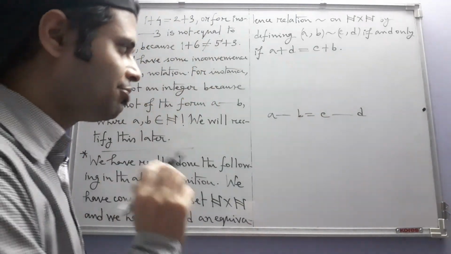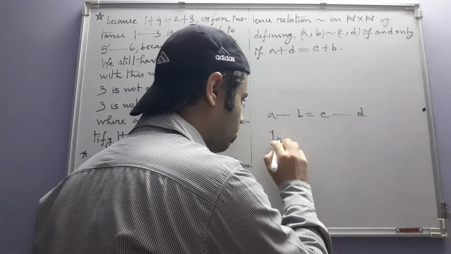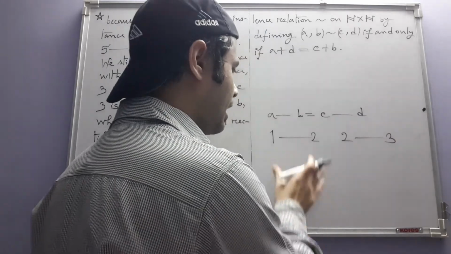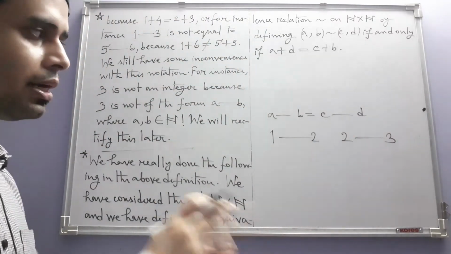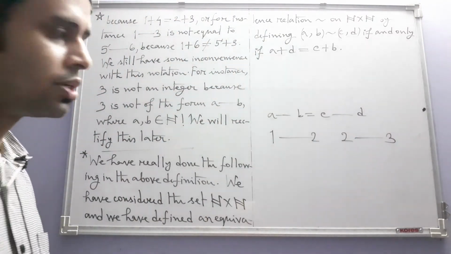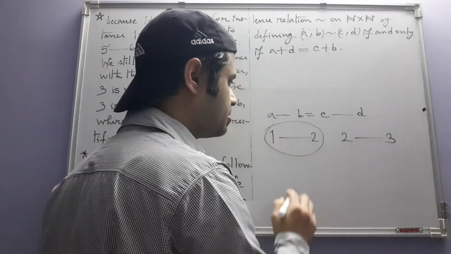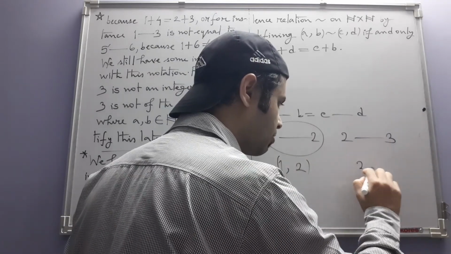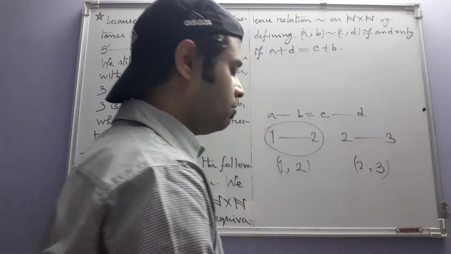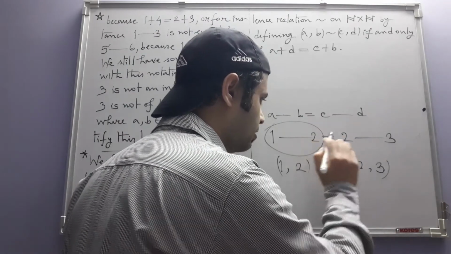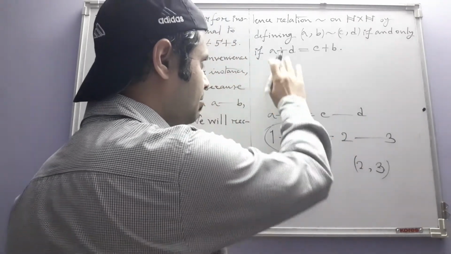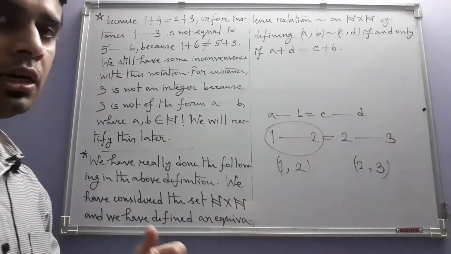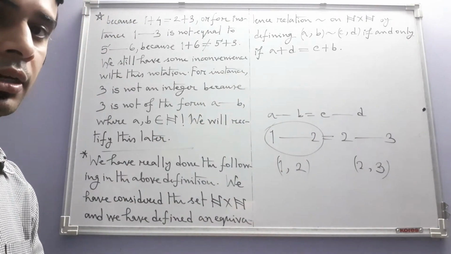You see, actually if you think of it, 1-2 and 2-3, are they really equal without saying anything? No, because this is just like the ordered pair 1, 2, and this is just like the ordered pair 2, 3. We are saying they are equal because something else happens. So this equality is not actually literal equality but an equivalence relation.